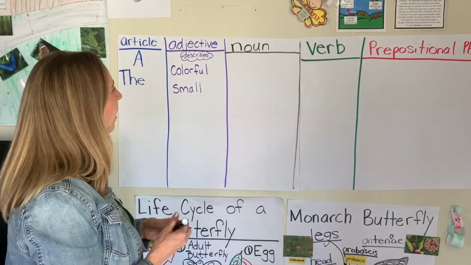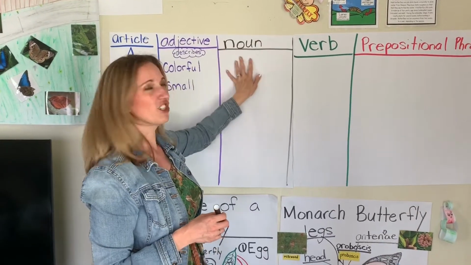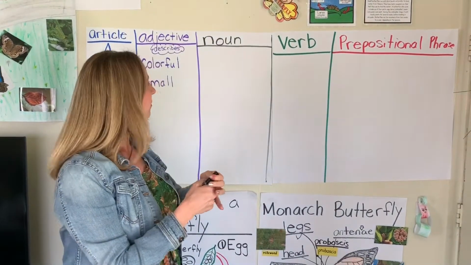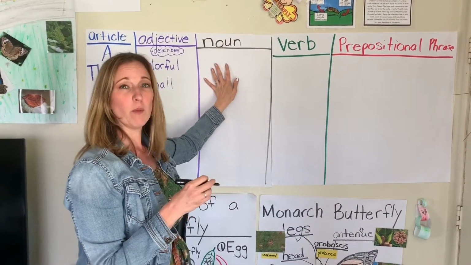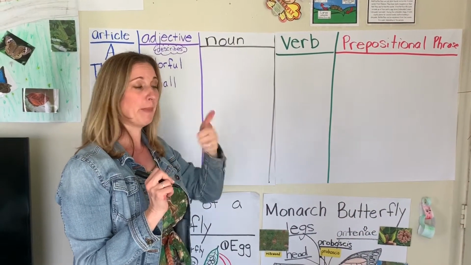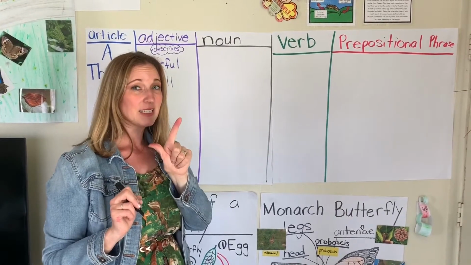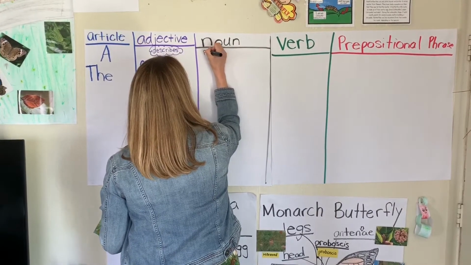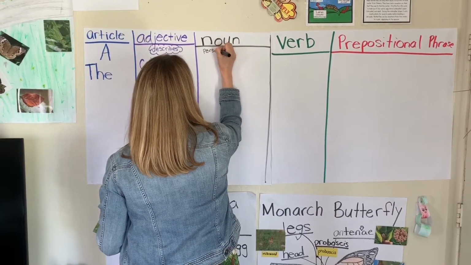So now we're in the noun section. So who or what are we talking about? We need to write down who or what we're talking about. And a noun can be a person, a place, or a thing. So I'm going to write it over here kind of small to remind myself what a noun is.